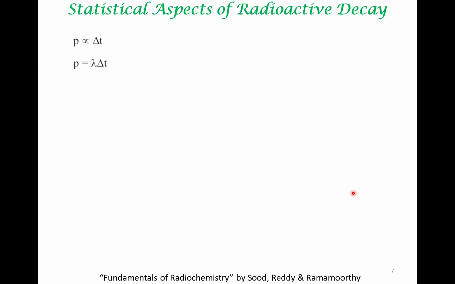Another approach is the statistical aspects of radioactive decay. The way to derive this is the following. The probability for disintegration to happen is proportional to the time you allow the radioactivity to occur, the time of observation wherein disintegration is measured.